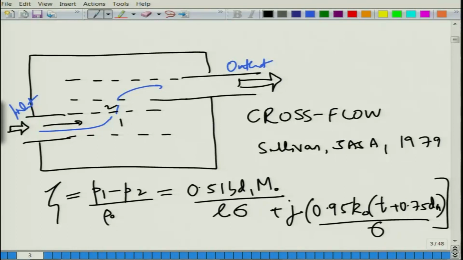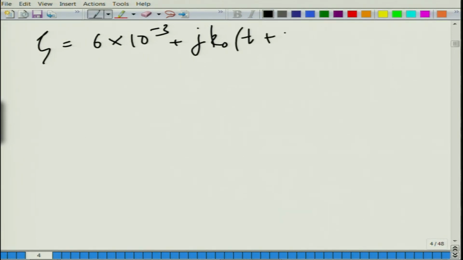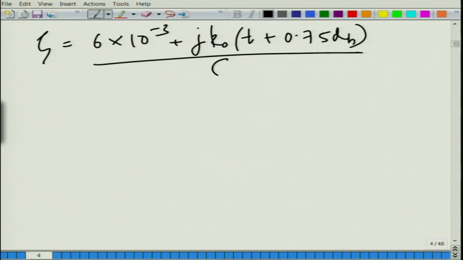Then for the stationary medium, the same researcher proposed another expression for zeta, which is 6 into 10 to the power minus 3, plus j k naught times t plus 0.75 dh, and this entire thing is divided by sigma.